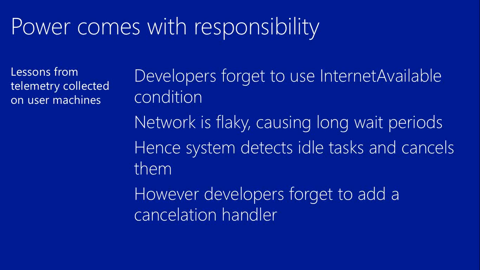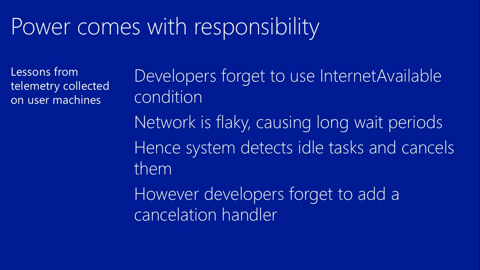In connected standby mode, since your background task is going to run, the system will be taken out of the low power mode. But since you forgot to use the internet available condition, the network will not be taken out of the low power mode. So the background task or the code will keep on waiting because there's no internet connection available, and the system is already out of the low power mode, so a lot of battery consumption is happening with no proper result.